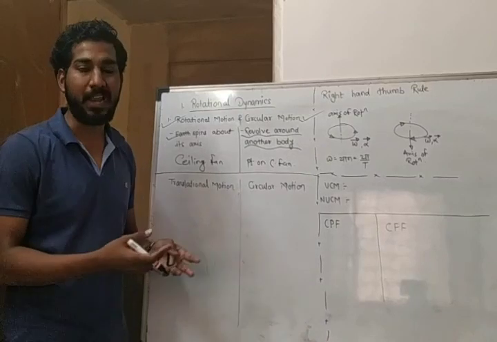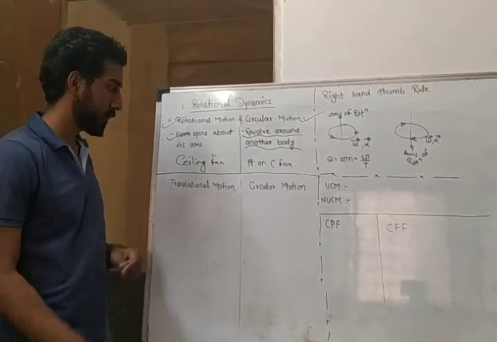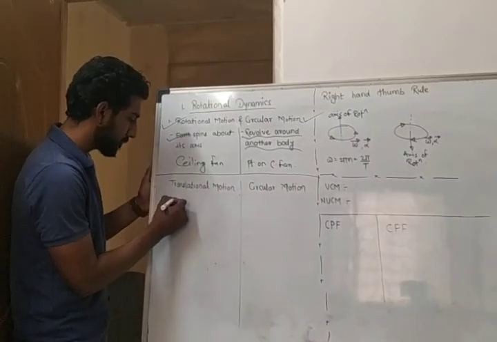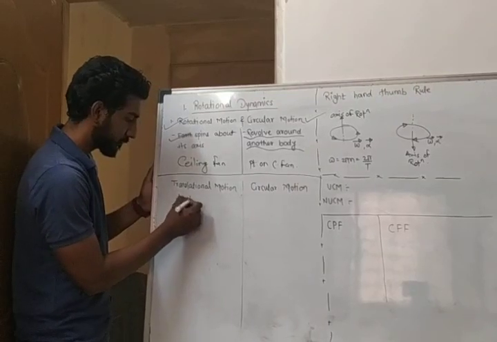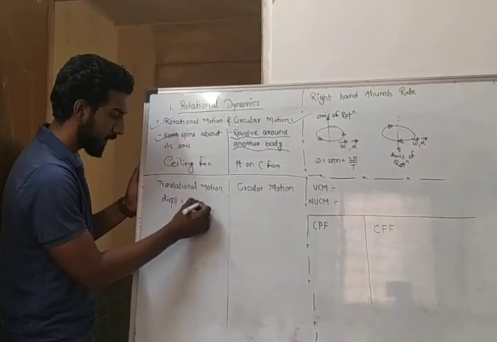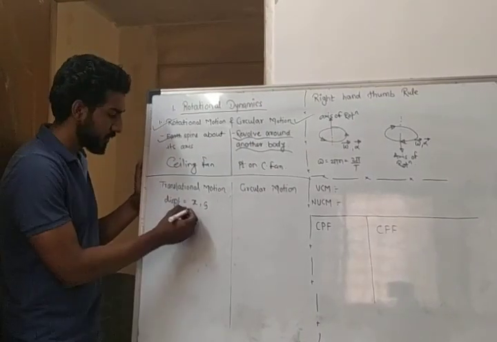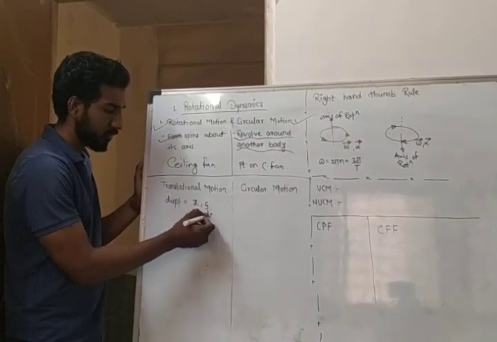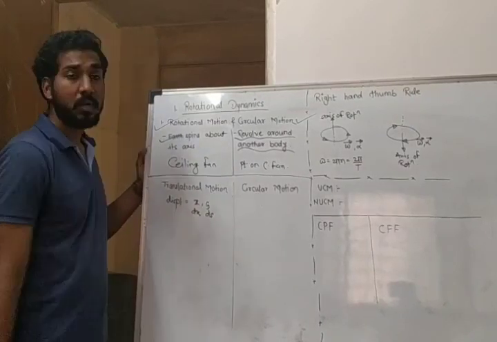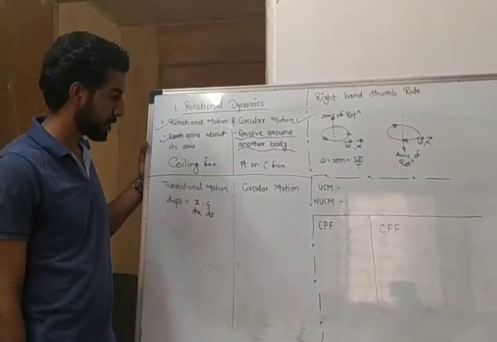So again there are a few parameters we can consider. For example, the first parameter is the displacement. Normally it is denoted by x or s. A small change in displacement will be dx or ds. We can have different notation in different books.